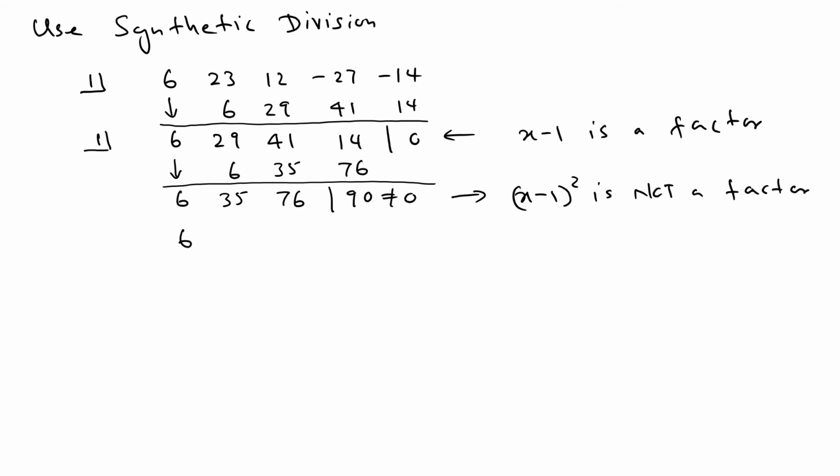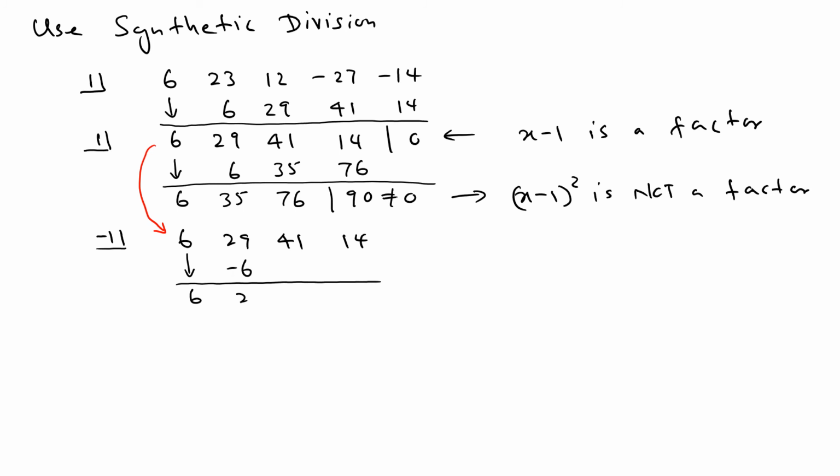So let's go back to the numbers. It is 6, 29, 41, 14. That's the one. We don't want to go to the original one because we already know one factor. Always start with the simpler version. So we're going to check whether -1 is a factor. Copy here, multiply. So it is -6.